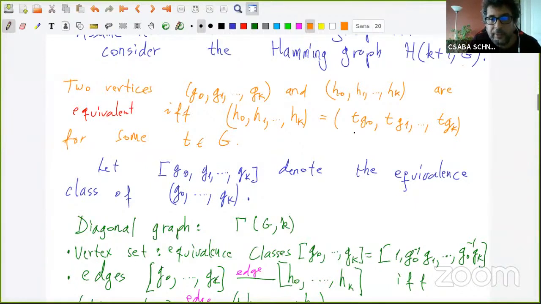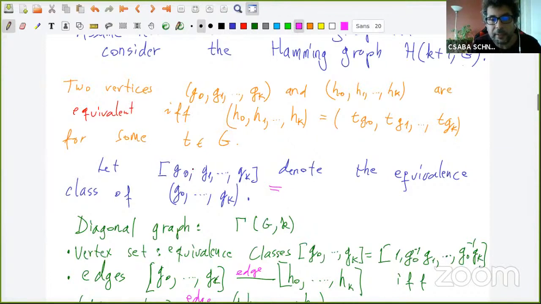So notice that you can always find the right group element to make sure that the first entry is equal to 1. So the equivalence class can always be written this way.